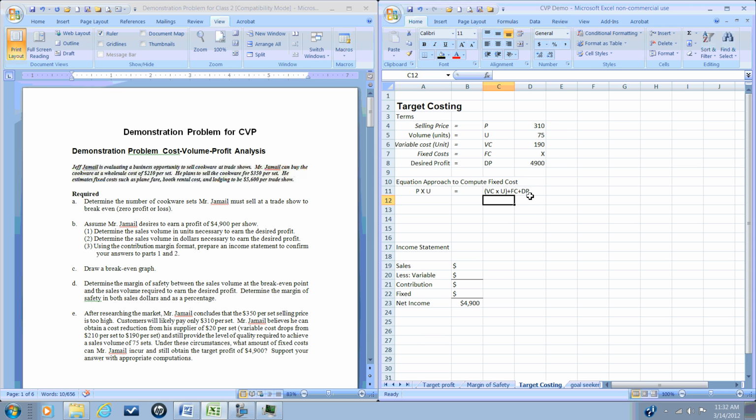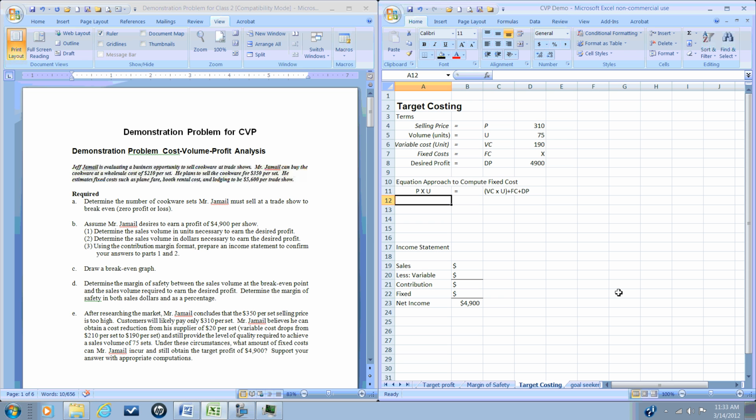So we're going to set the sales to give us a return of 4,900. We will be able to determine our sales because we know the budgeted sales and our sales price per unit. We know our variable cost because we know our volume and we know our variable cost, and we know our desired profit. What we're looking for here is what level of fixed cost do we need to achieve our goals.